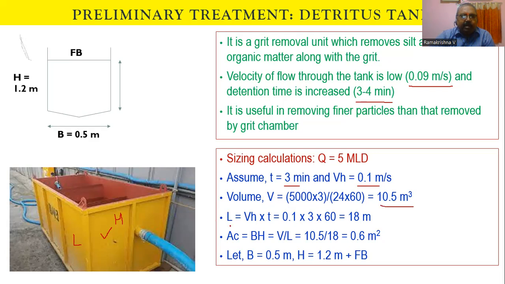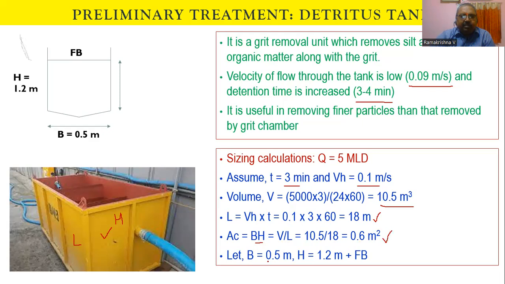And length of the tank is equal to VH multiplied by T. So VH we are assuming as 0.1 meters per second into 3 minutes, which should be converted into seconds. So 180 seconds multiplied by 0.1 is 18 meters. And cross-sectional area BH is equal to volume divided by length, so 10.5 meter cube divided by 18, which is equal to 0.6 meter square.